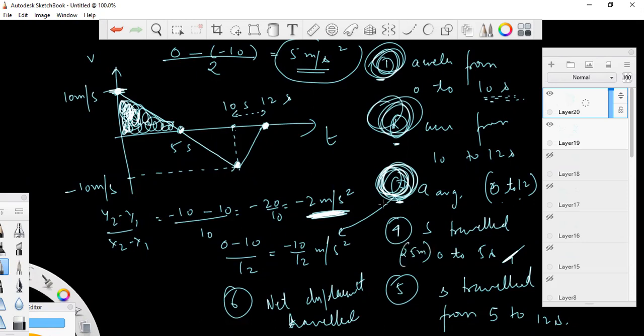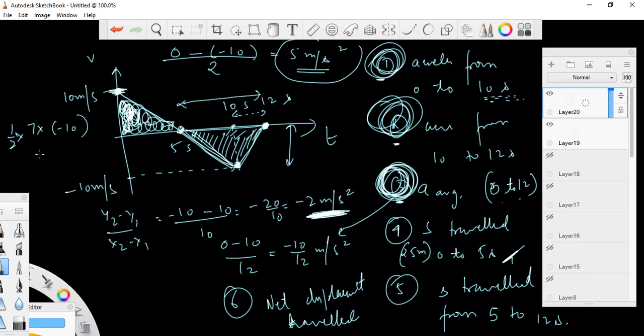What is the displacement traveled from 5 to 12? This minus area, right? Minus 35. And here if you look, this velocity is negative. This part is negative. So if I want to find the area of this triangle, what will that be? Half of base into height, right? Base is this much, and height is this much.